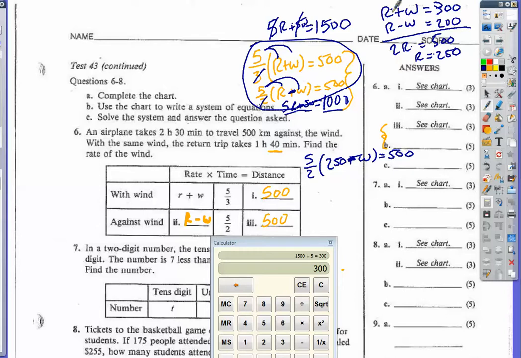So 250 plus something is 300. Well, that means the wind current has to be 50 kilometers per hour. Much better. There are no starbursts left. Sorry. All right. So then, let's move on to problem number 7.